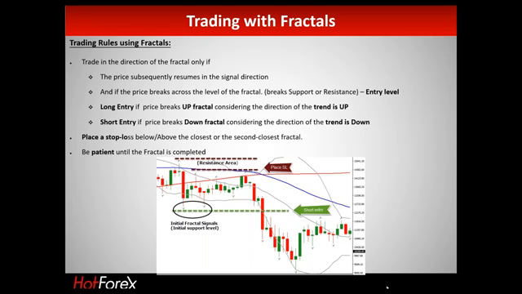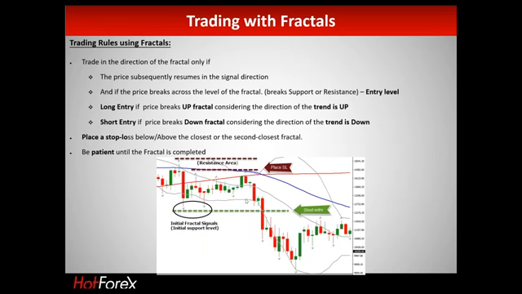You have to determine first the direction of the market. Afterwards, once you have confirmed the direction, make sure that the price indeed resumes the signal you have in that direction. In the example over here, we had a down fractal, again a down fractal, but we also had an up fractal which didn't manage to go higher.